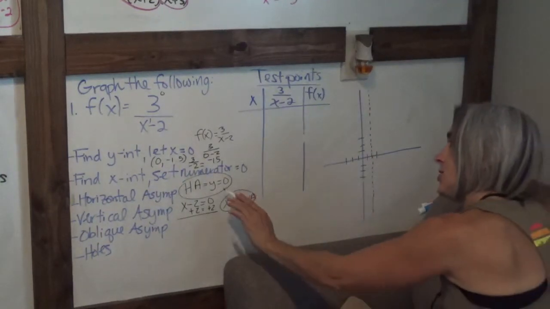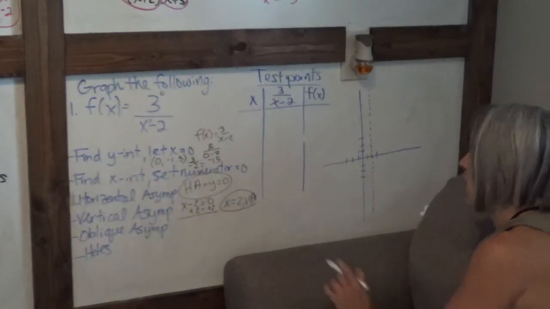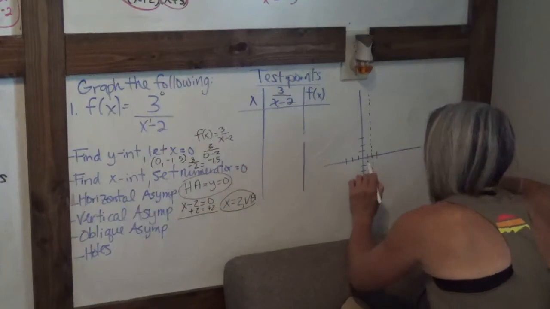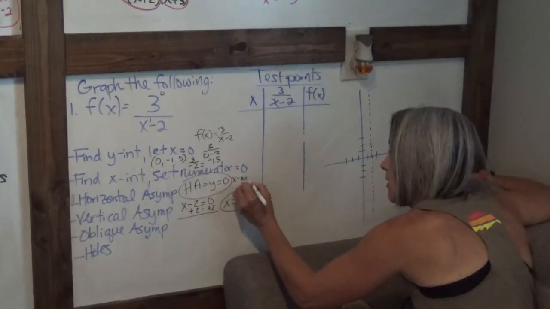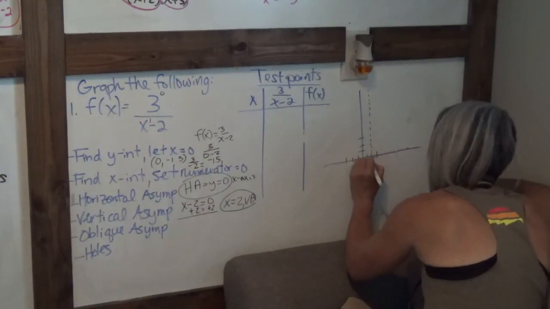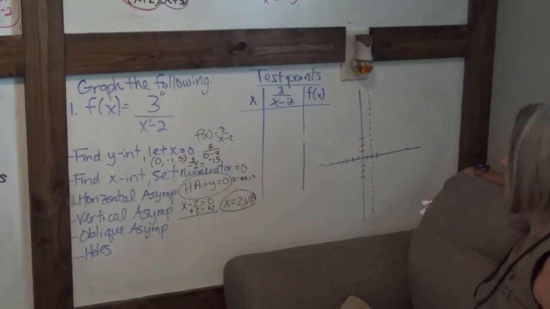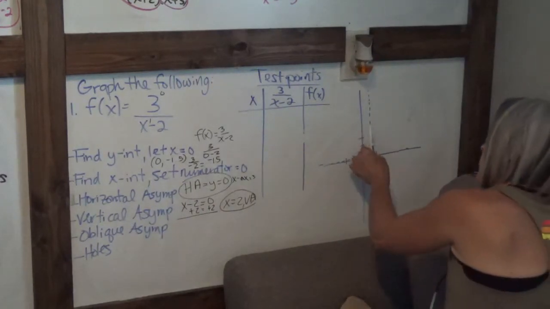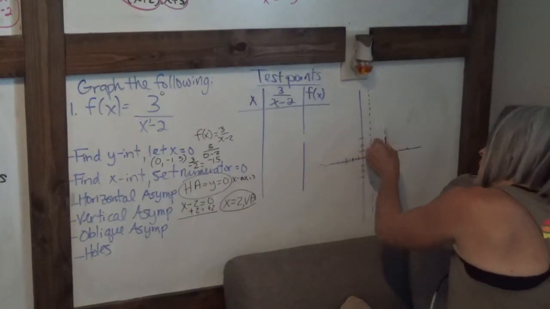How would I sketch in the horizontal asymptote? What is y equals 0? Here's y equals 0, it's actually your x-axis. So we have another asymptote right on the x-axis, and I'm just going to put a little dotted line right on the x-axis. That means we have a graph on this side of the dotted line and also on this side.